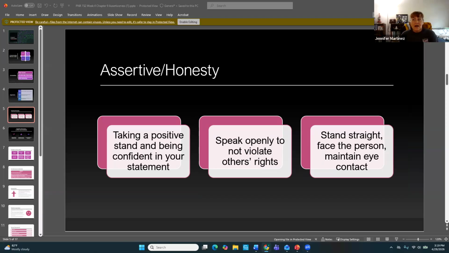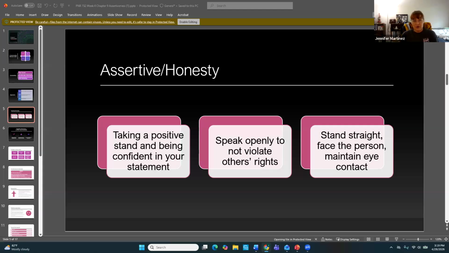It is a way to live the truth and to express the truth in thought, in word, and in deed. So you're taking a positive stand, you're being confident in your statements, you're speaking openly, but you're not violating others' rights. So it's very different from being aggressive.